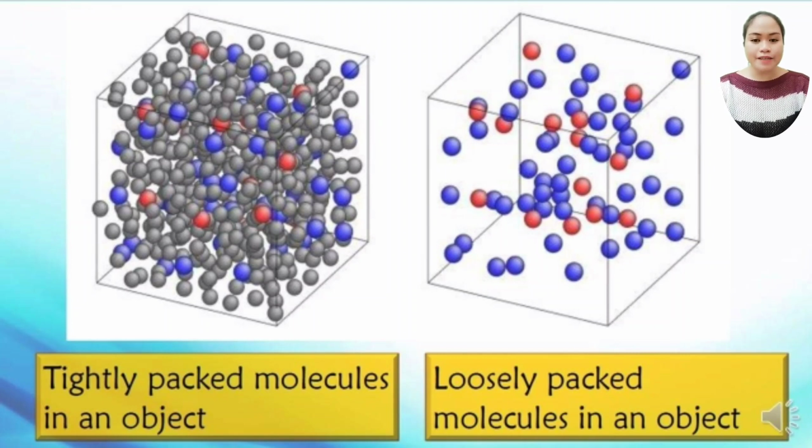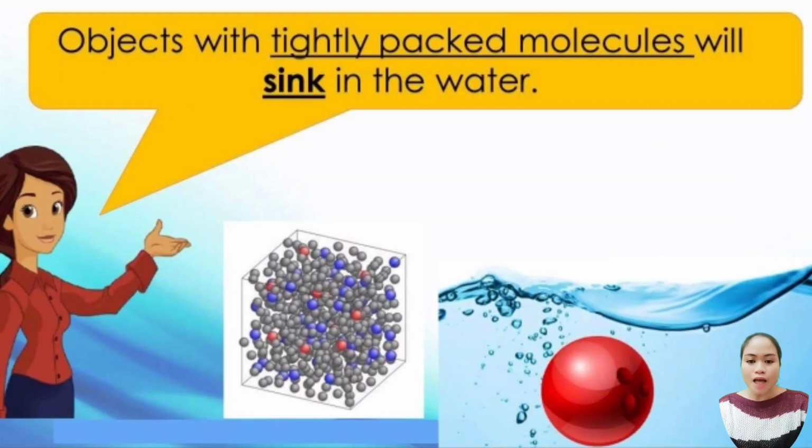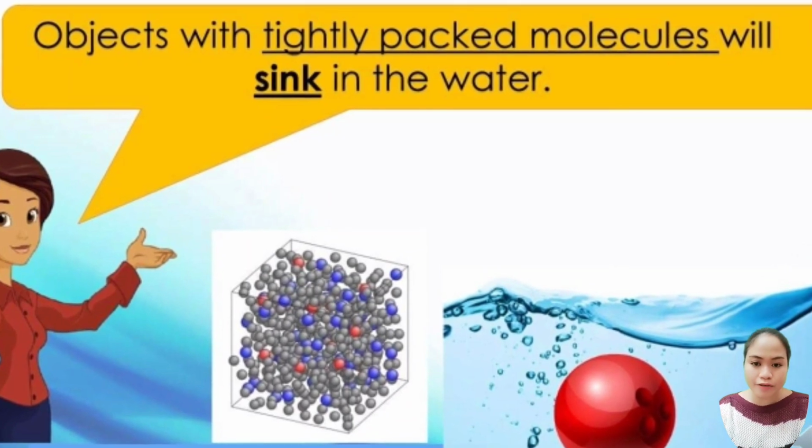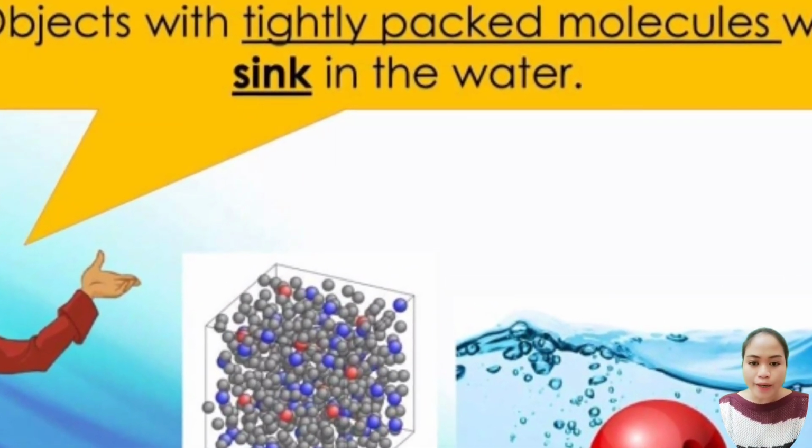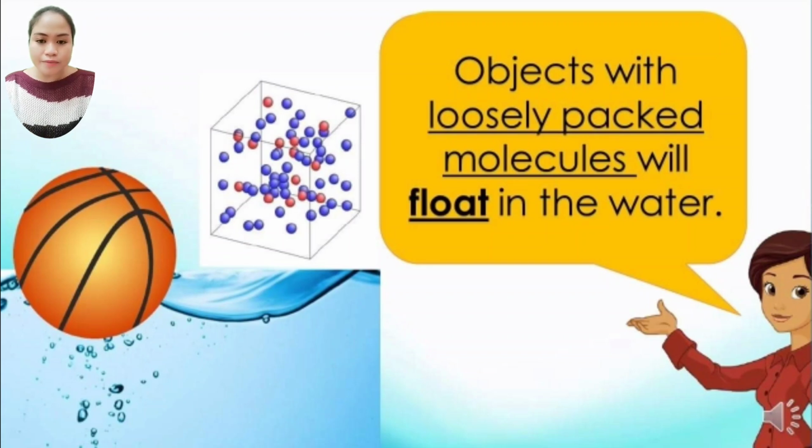On the left are molecules of an object that are tightly packed together, while on the right are molecules of an object that are loosely packed together. Objects with tightly packed molecules will sink in the water, while objects with loosely packed molecules will float on the water.